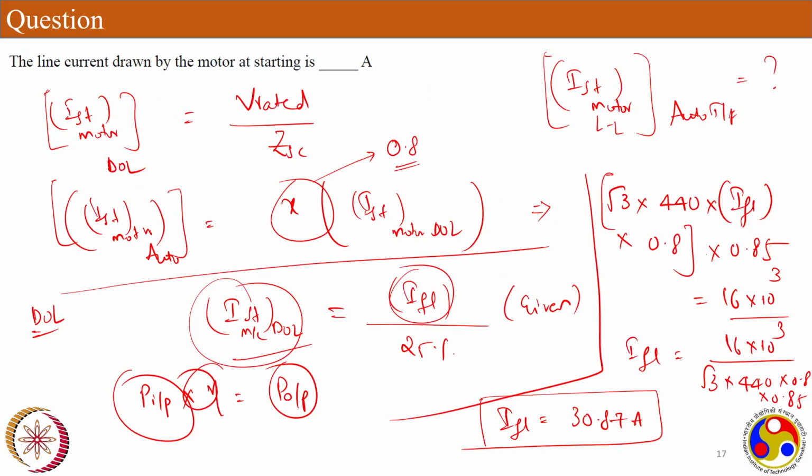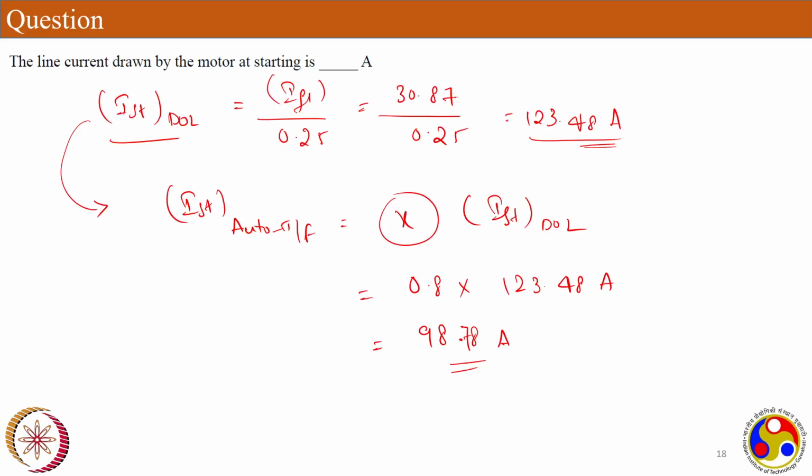This is line. That is X square, no? Line current is, this is line to line, and full load. It will be X square or it will be X. Is it X square? Wait, let me just check.